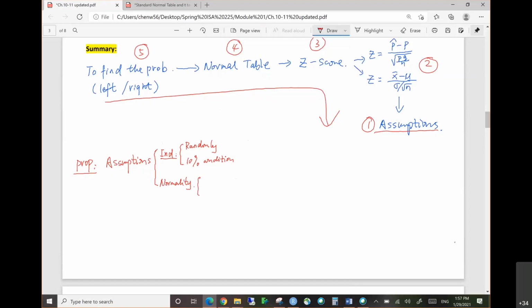We are talking about the sampling distribution of proportion, so the success and failure condition. Perfect. np and nq should be greater than or equal to 10. Perfect. Thank you, Ethan.